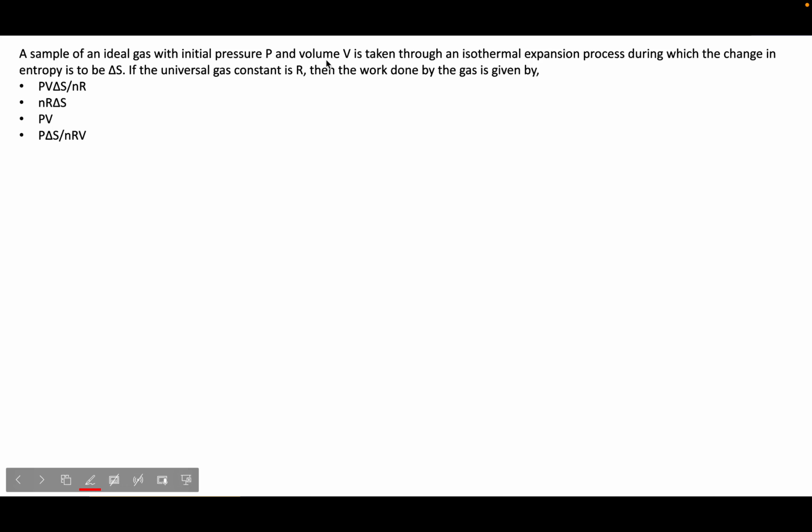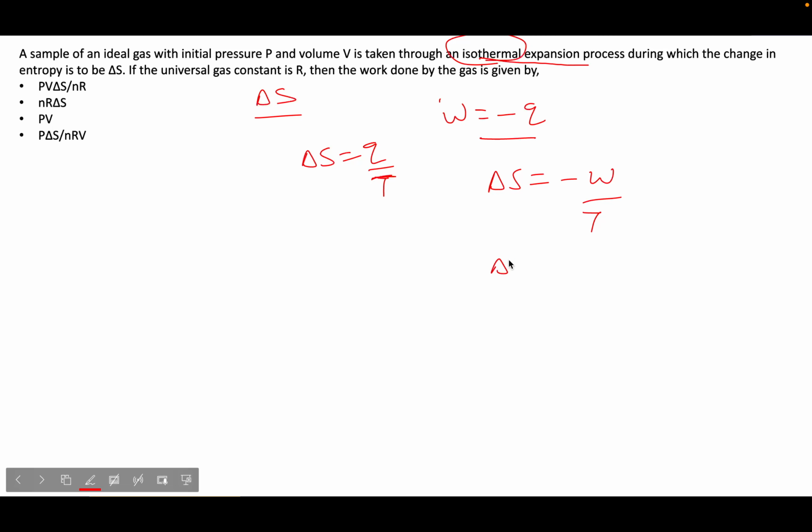A sample of gas, with P and V, is taken through an isothermal expansion. During this, the change in entropy is delta S. For isothermal expansion of an ideal gas, W is equal to minus Q, and delta S is equal to Q upon T. If we substitute Q by minus W, delta S is equal to minus W by T. From PV equal to nRT, T is equal to PV upon nR.